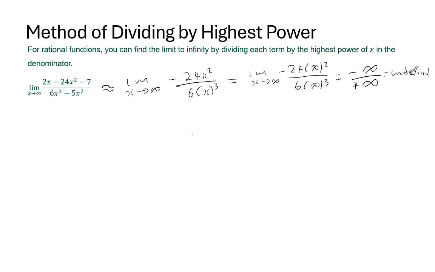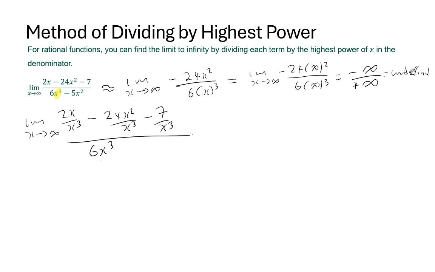In this case, the highest power in the denominator is x cubed. So we'll have the limit as x tends to infinity of 2x divided by x cubed, minus 24x squared divided by x cubed, minus 7 divided by x cubed, over 6x cubed divided by x cubed, minus 5x squared divided by x cubed.